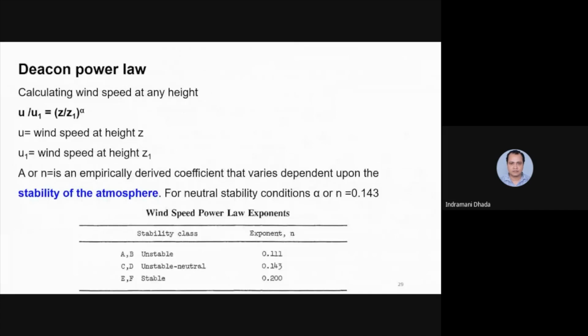and this is the equation U by U1 equal to Z by Z1 to the alpha. This is called the power law. So if you know the wind velocity at ground level, and you want to know the wind velocity at the chimney height, you know U1 and Z1 because you have an anemometer on your rooftop, so you know the height of this anemometer and the velocity measured by it, U1 and H1.